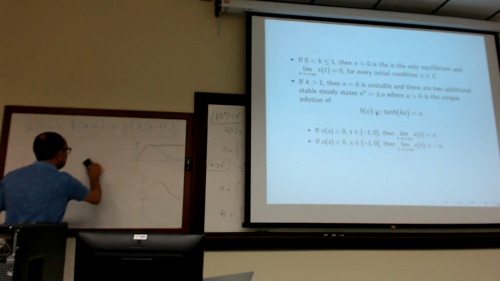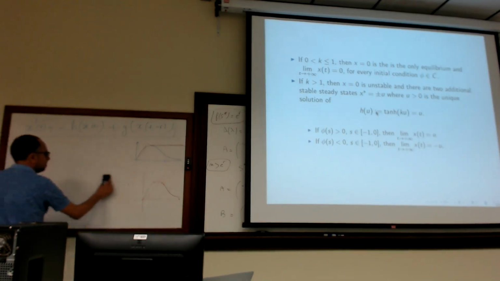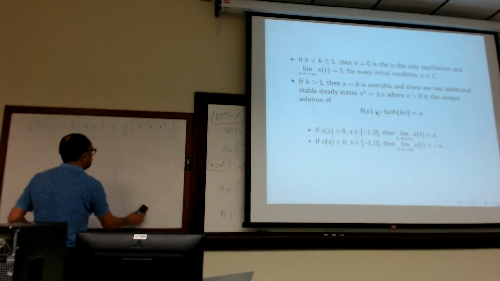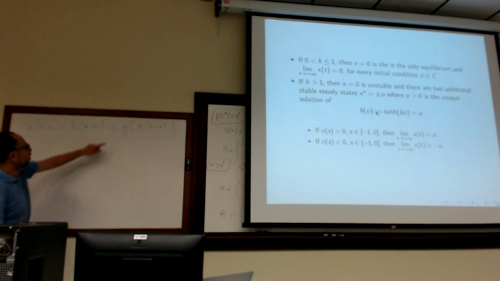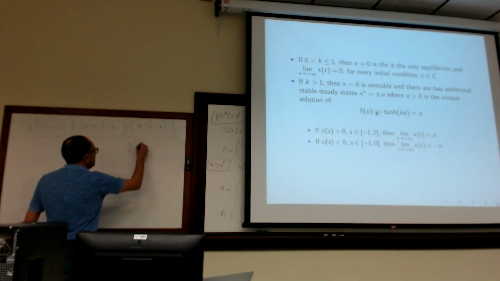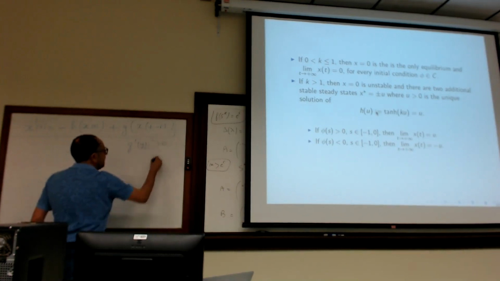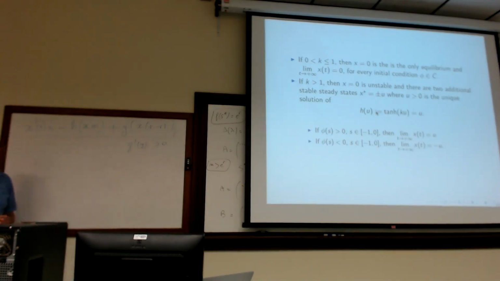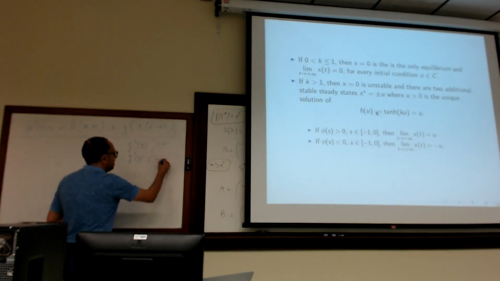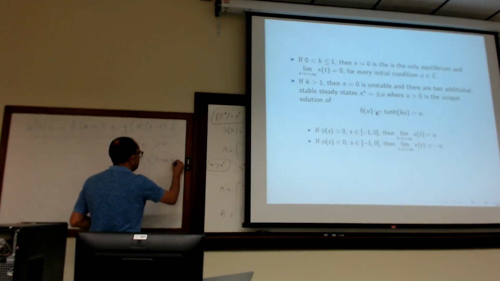And in general, if your function G is increasing, this is good news, because you can use monotone dynamical system. If this part is decreasing, you will have Hopf bifurcation.